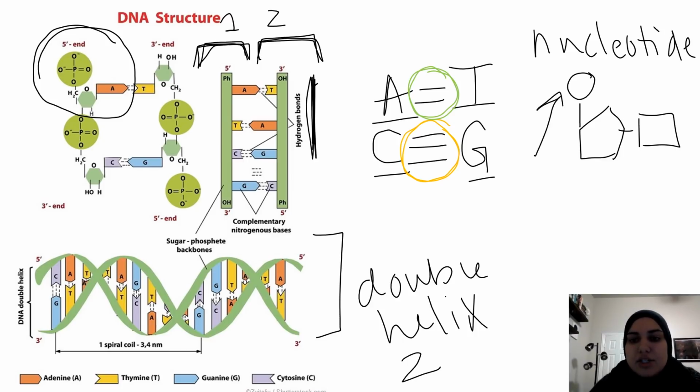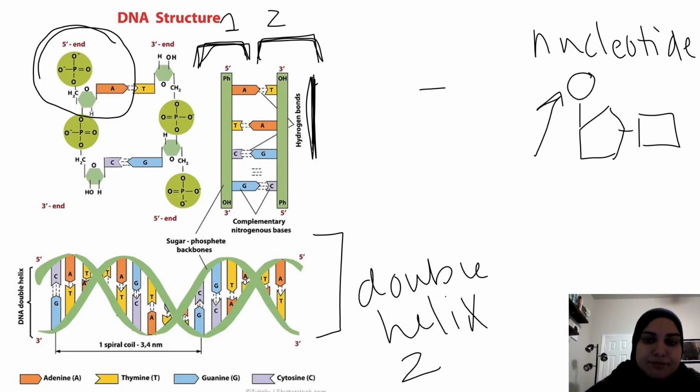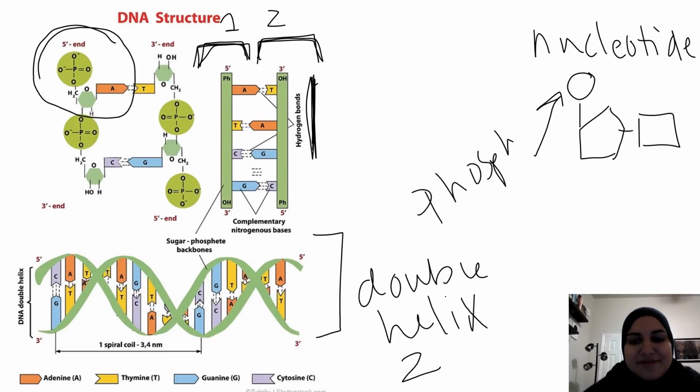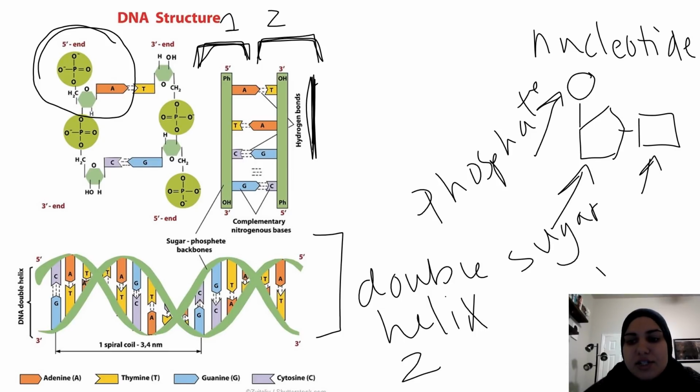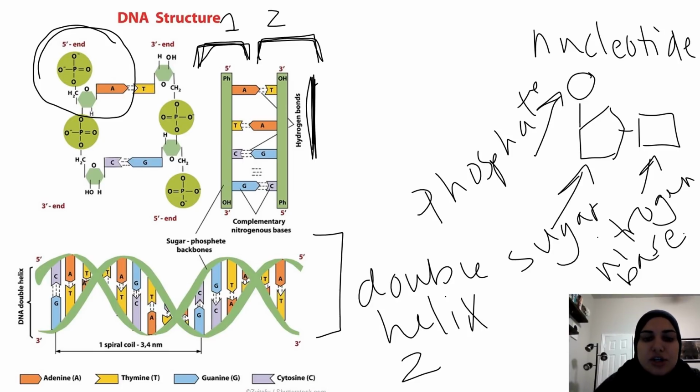Remember that the chimney is called a phosphate. The house is called a sugar, and the garage is going to be the nitrogen bases. And again, going back, the sugar and the phosphate actually make up the support. That makes up the backbone. So that's the green part. It holds it all together.